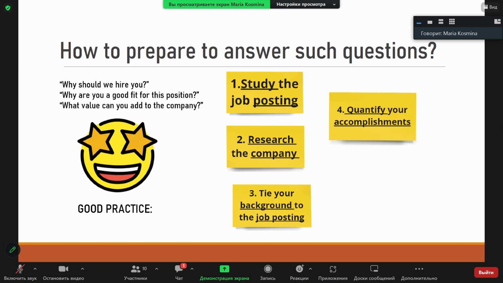Or by implementing this system, the sales have increased by 15%. And try to put it in words that other candidates won't use. So try to be original, but at the same time, not going away from the main point.